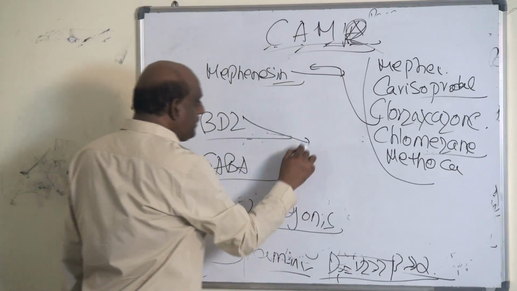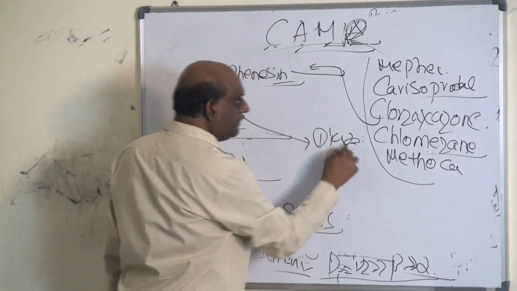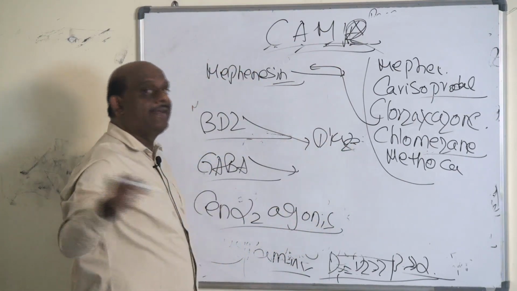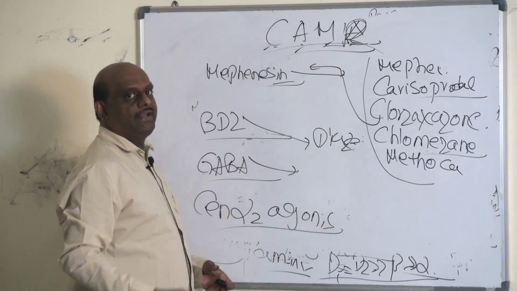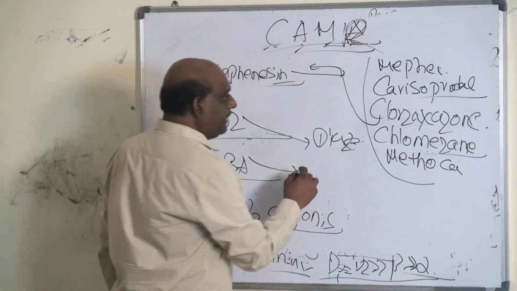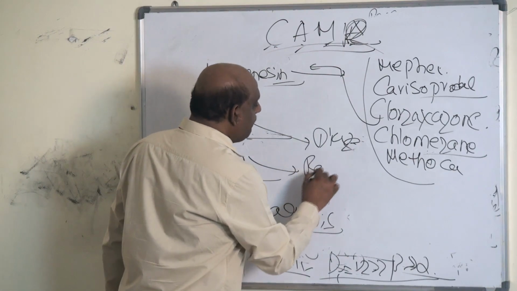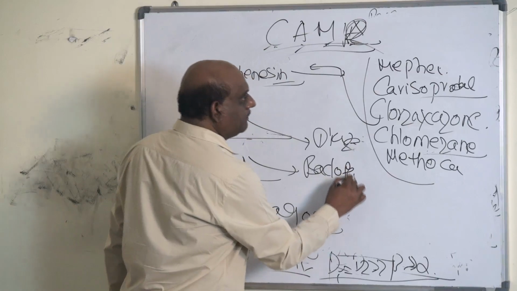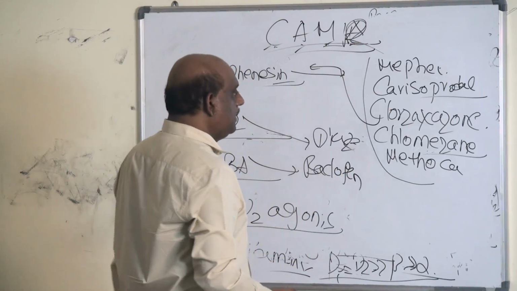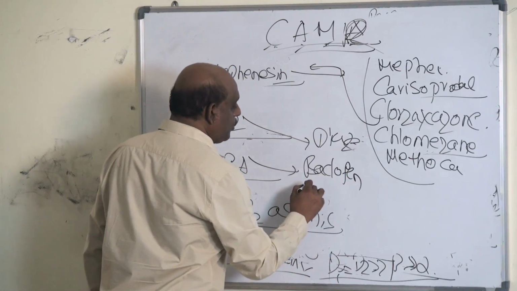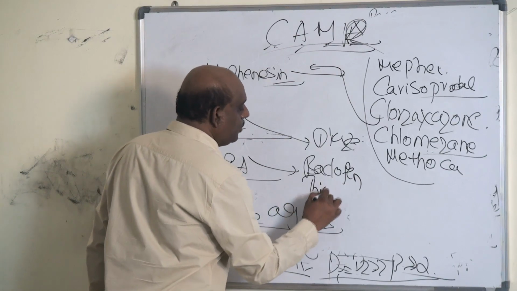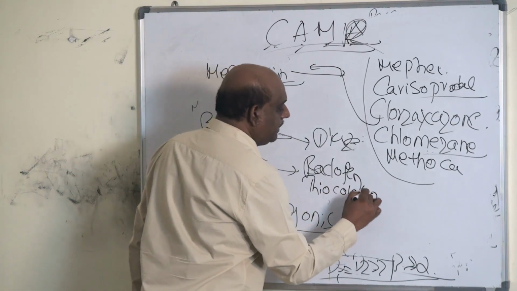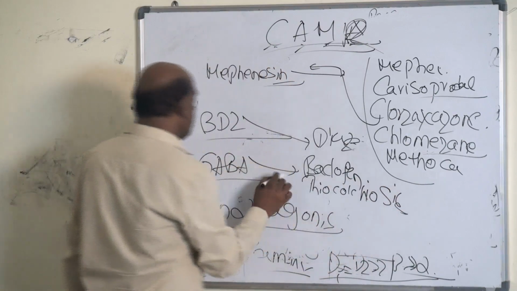Then among benzodiazepines you have diazepam. Then what are the GABA mimetic centrally acting muscle relaxants, doctor? The baclofen and thiocolchicoside. They are GABA mimetic.